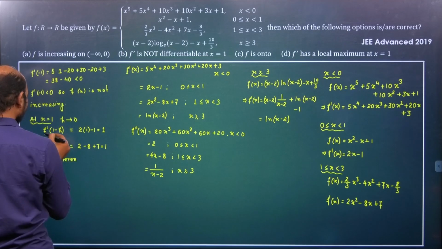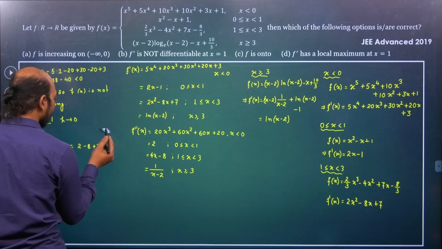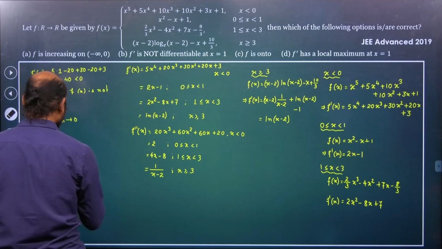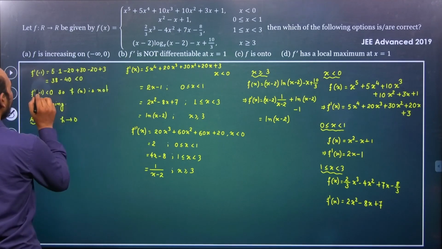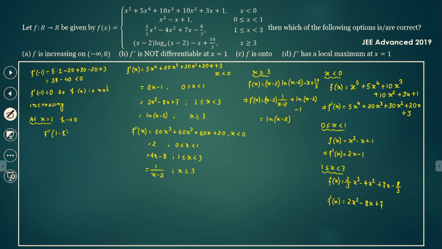Now, if we go ahead, we are able to find out whether the left and right derivatives are equal, so that we can say it is differentiable or not differentiable. So we will calculate f double dash of 1 minus h, that is the left derivative. That's obviously 2. And f double dash of 1 plus h, that's obviously 4 minus 8, that's minus 4.